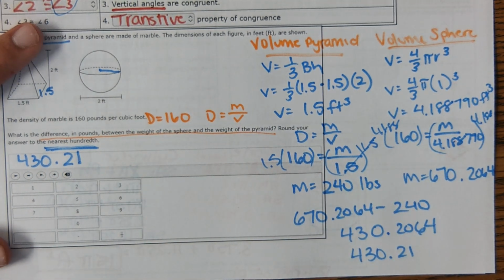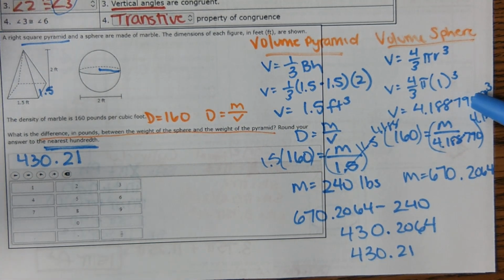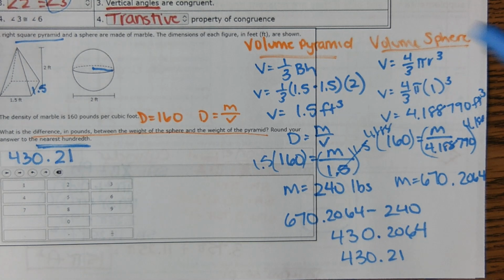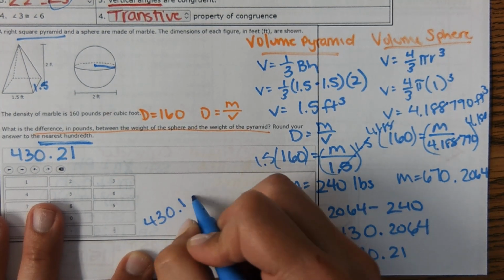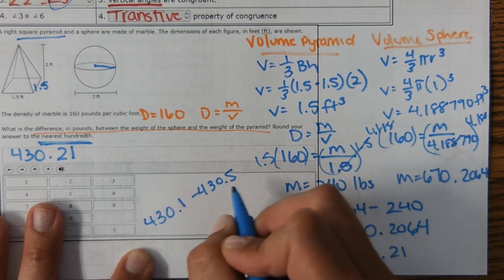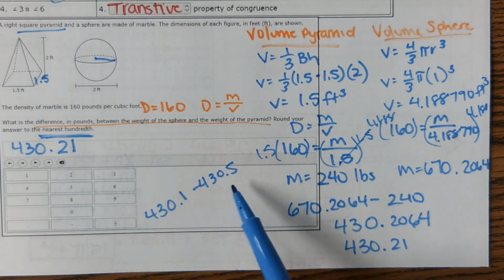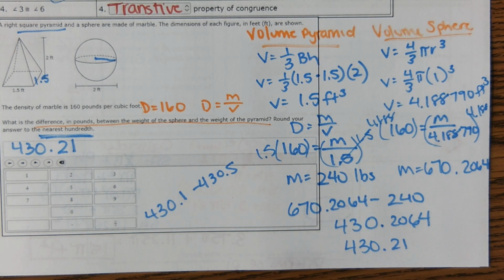You might be thinking, what if I didn't write out all those numbers, or what if I used 3.14 because it never really said what to use? It'll accept a range of numbers from like 430.1 to 430.5 or something like that. As long as your number falls in that range, you will be good.